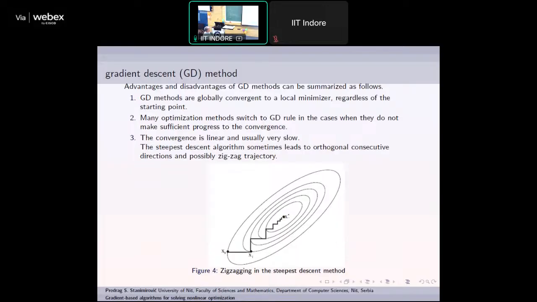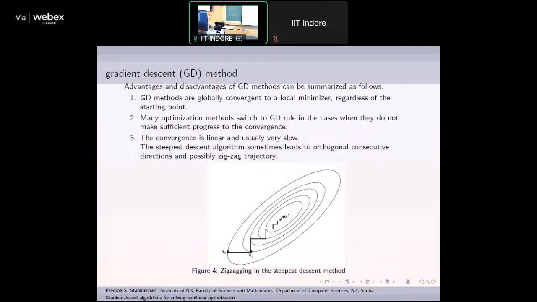What are the advantages and disadvantages of gradient descent methods, better to say, because this method is not unique. Advantage: GD, gradient descent methods are globally convergent to a local minimum, regardless of the starting point, a desirable property.